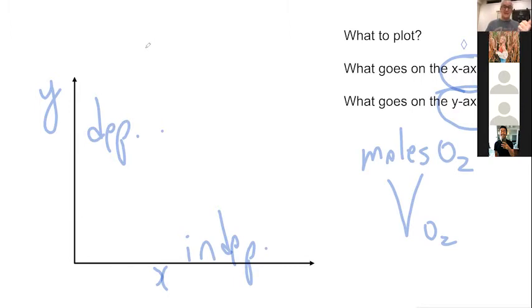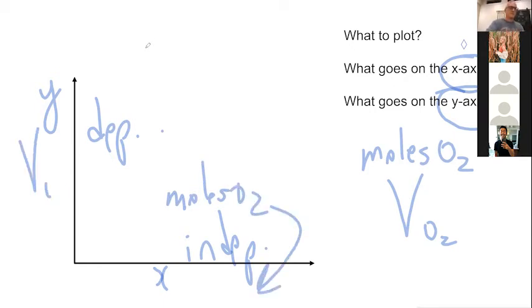The y-axis, the dependent, is dependent on how much hydrogen peroxide we use. So it depends on what we choose for the hydrogen peroxide. So moles of O2 go down here, and the volume of the O2 goes up here.